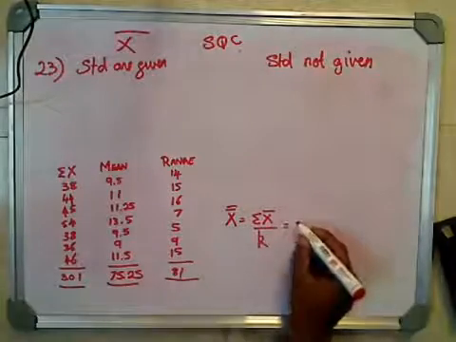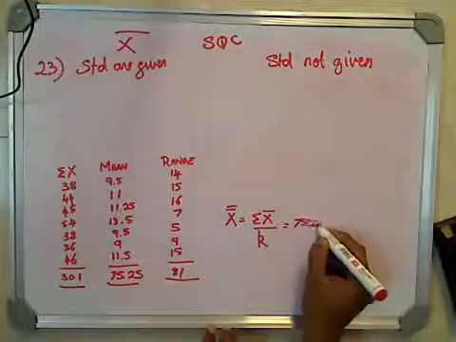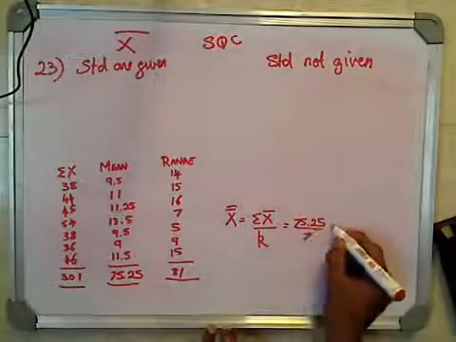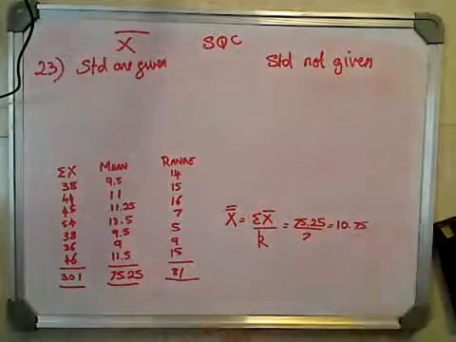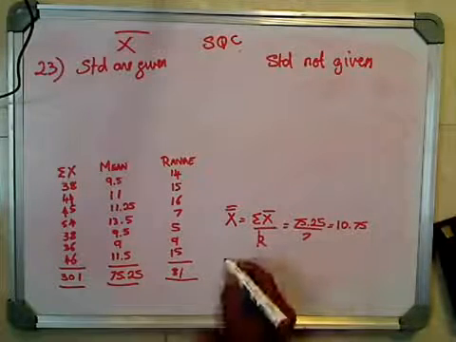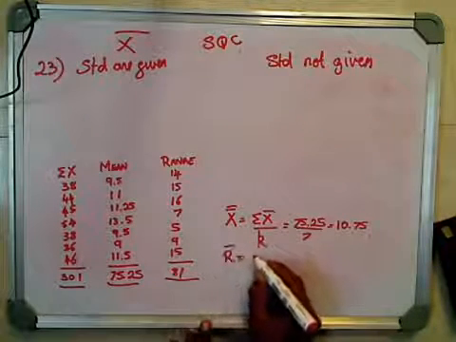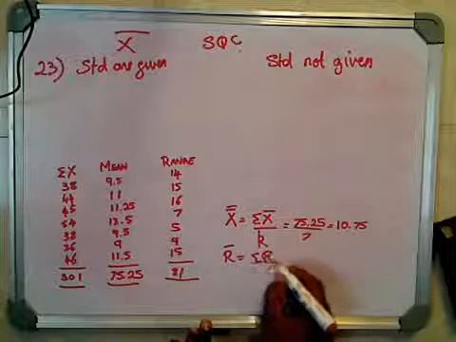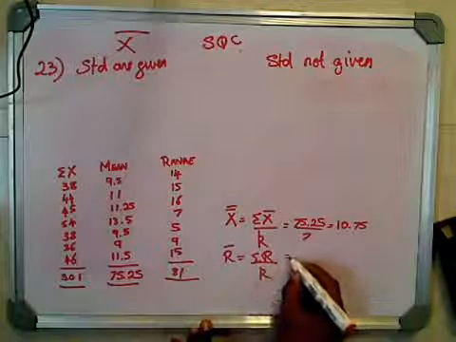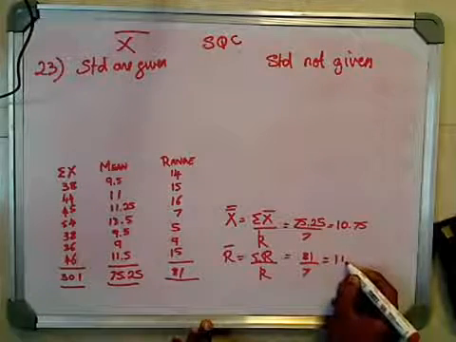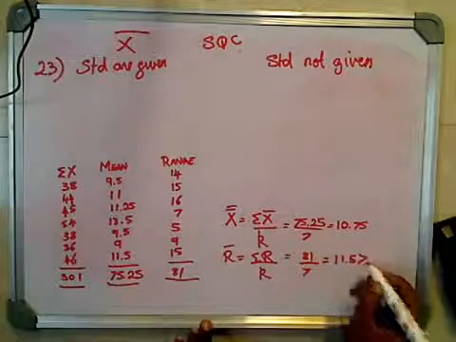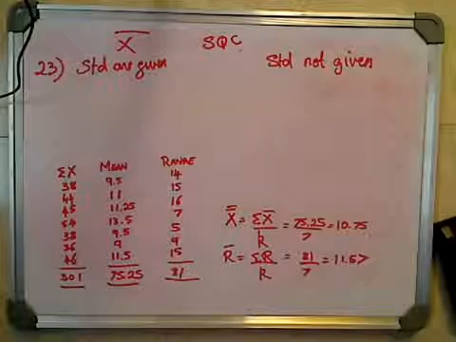So 75.25 divided by 7 would be equal to 10.75. Now do the same for R: summation R divided by K, which will be 81 divided by 7, which will be 11.57.